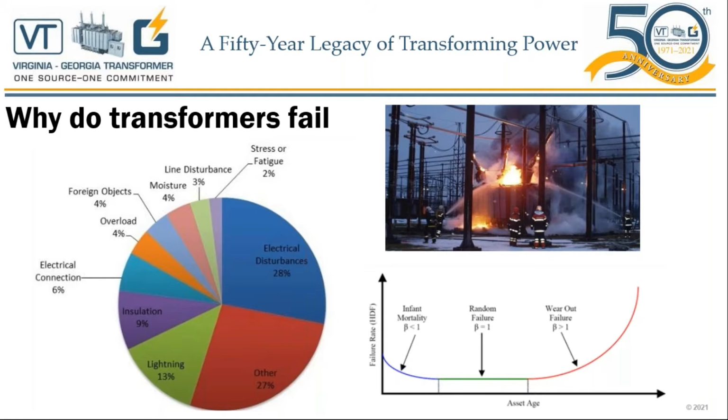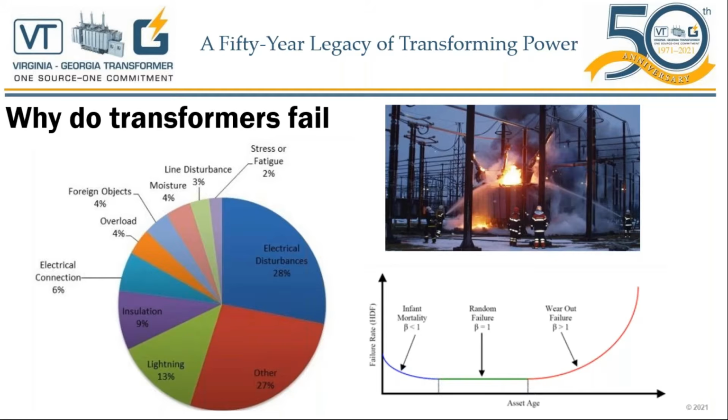Electrical disturbances, as an example, let's talk about the faults, the short circuits. How do we know that it failed due to a fault? A, we can look at the system data, and we can look at the mode of the failure within the active part, the core and coil of the transformer. Lightning, of course, we will talk about almost each one of these effects in the upcoming slides.